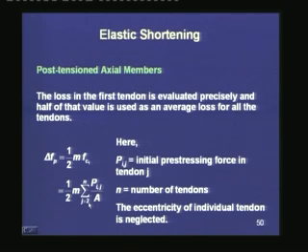It is from 2 because, as we said, there will not be any elastic shortening loss for the final tendon, because when the last tendon is stretched, the prestressing force that is recorded by the jack is the force which will not further drop due to an elastic shortening. Hence, the summation is from 2 to n. That means we are neglecting one tendon from the group of tendons which are stretched sequentially.